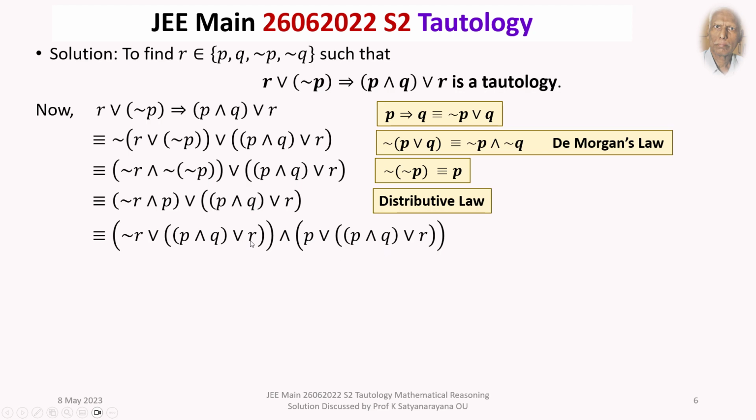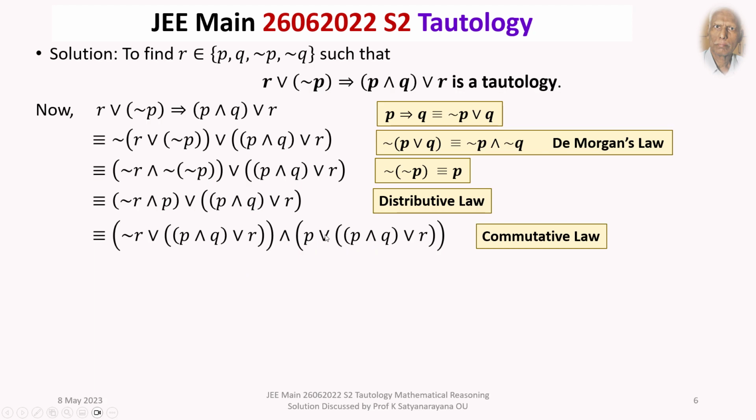Now use the associative law and commutative law, because all are valid, and bring negation of R together with R. Here we use the commutative law, and in this the associative law.